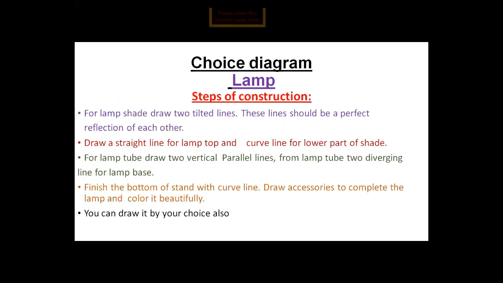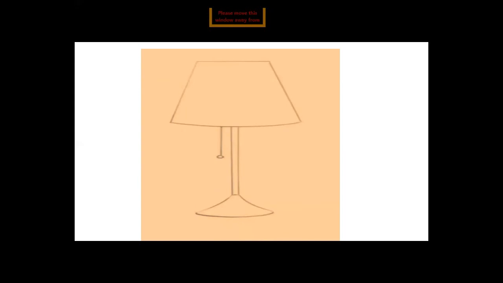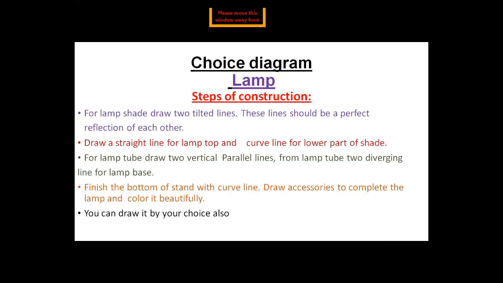And then the last one is the lamp. This is a choice diagram you will draw at home, but I will explain the different steps, how we draw it. We draw the lamp or lamp shade. Draw two tilt lines. These lines should be a perfect reflection of each other.